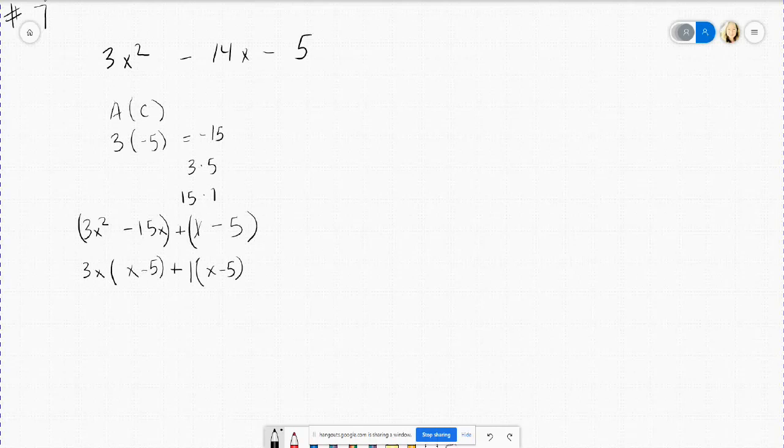So you've got 3x squared minus 15x plus x minus 5. Okay, so do you see where you would pull out the 3x from the 3x squared minus 15x? And then here, it's already factored. So you would just say x minus 5, and x minus 5 can be pulled out of both of these terms. X minus 5. And then what's left? Yes.